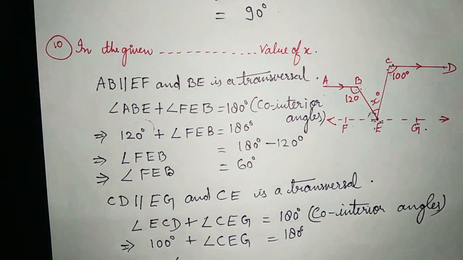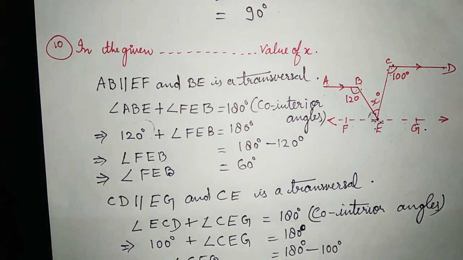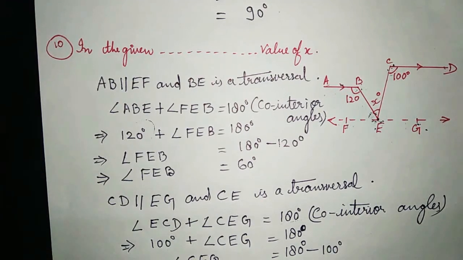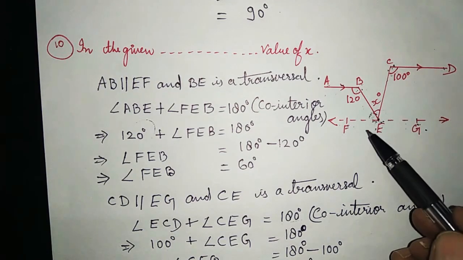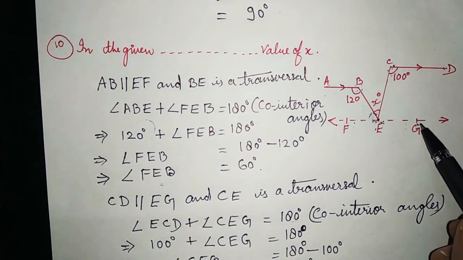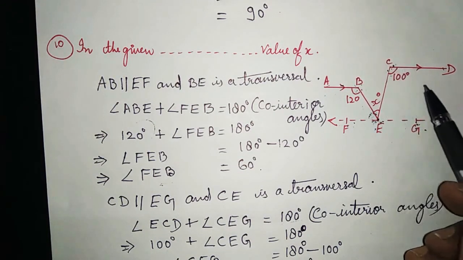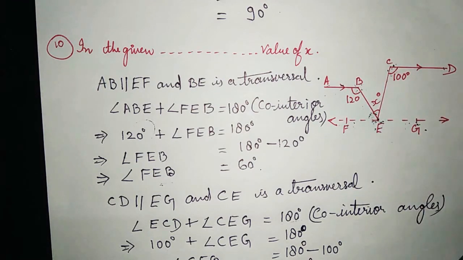Now angle CEG equals 180 degrees minus 100 degrees. So angle CEG is coming 80 degrees. Now we have got the measure of angle FEB and the measure of angle GEC, or you can say CEG, and now we can find the measure of angle x degrees.